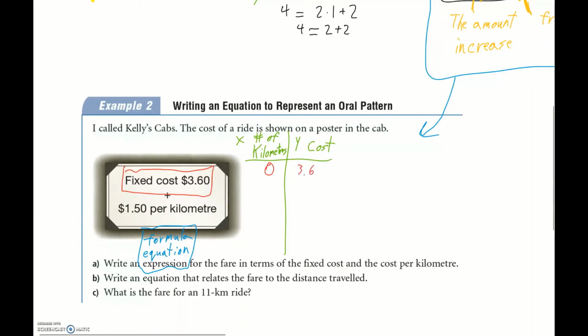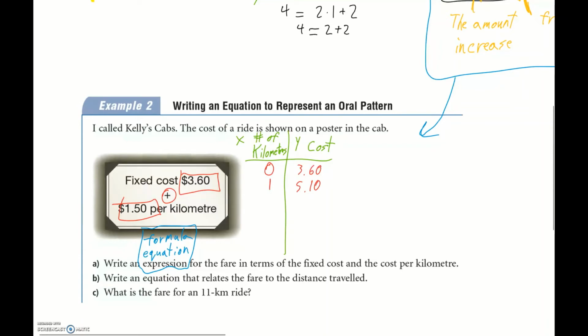So $3.60. Okay, now, if we go 1 kilometer, we have to pay the fixed cost plus $1.50 for the 1 kilometer that we went. So it'd be 5.10.